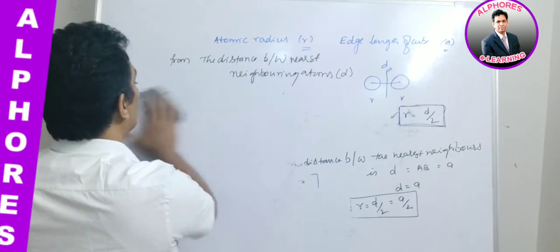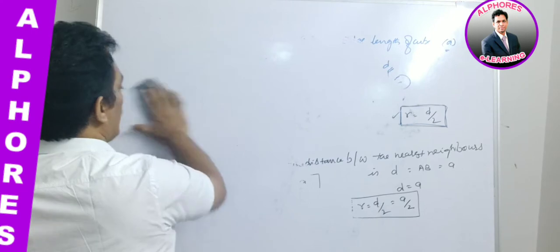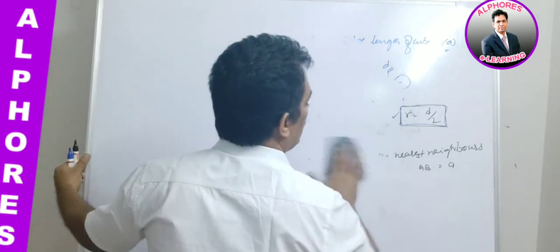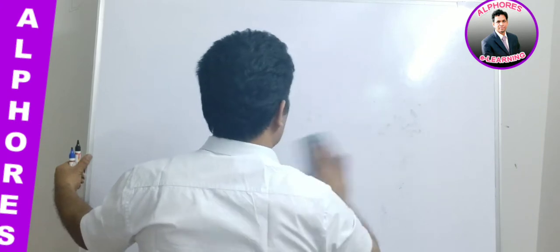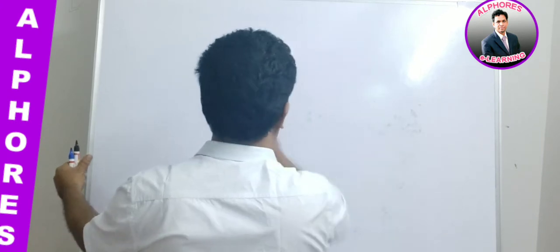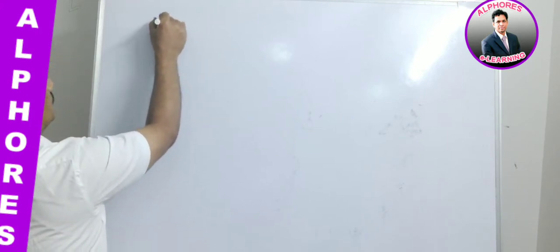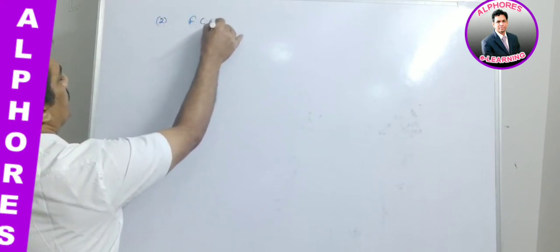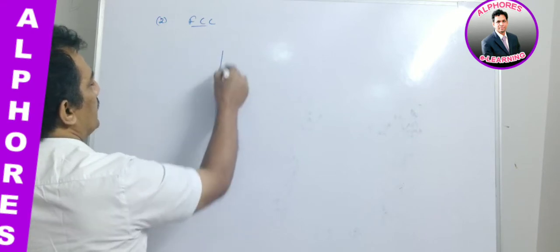In case of face-centered cubic, what are the closest atoms, and how to find the relation between R and A? For that purpose, let me draw the FCC structure. Second one is FCC, face centered. Here the cubic structure lies like this.